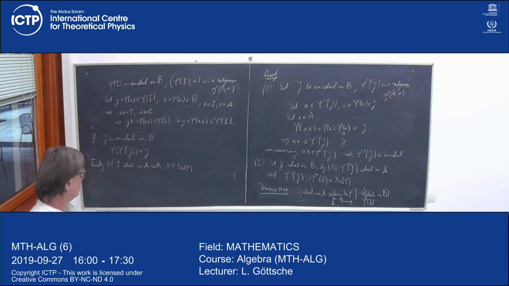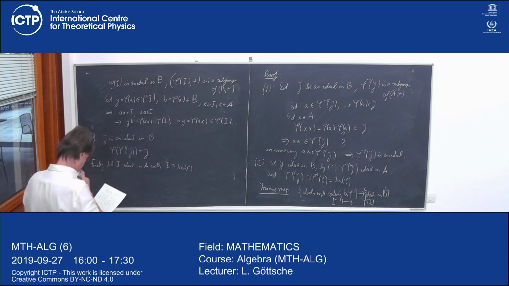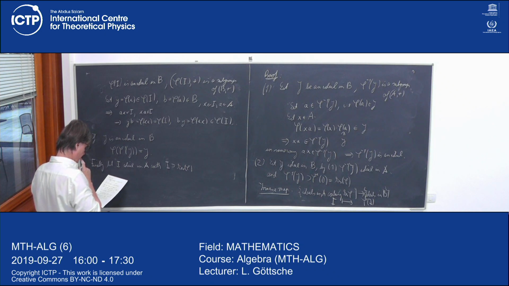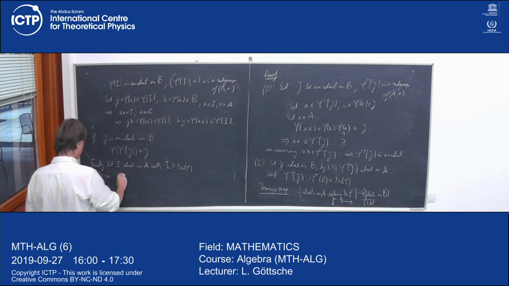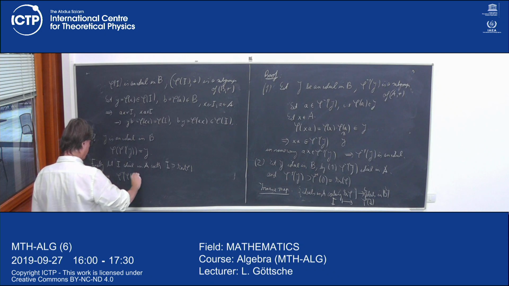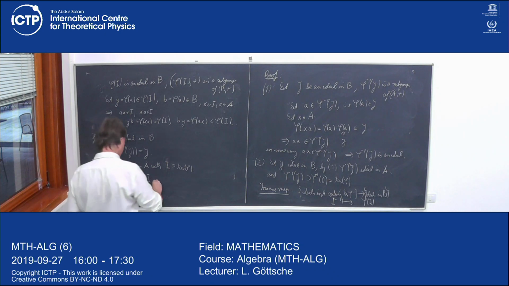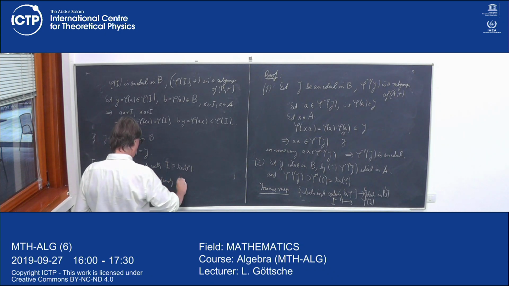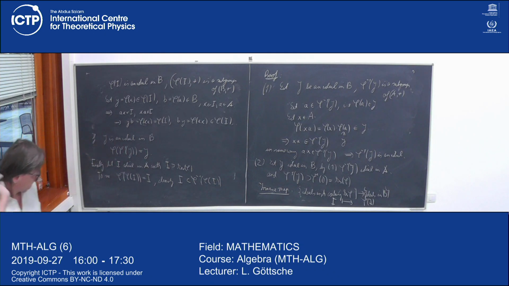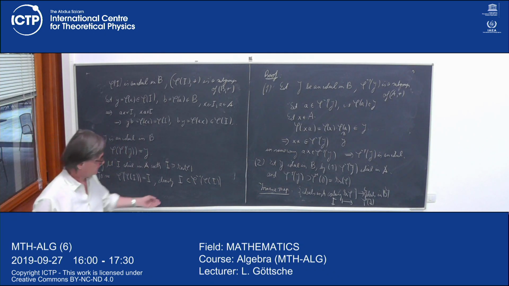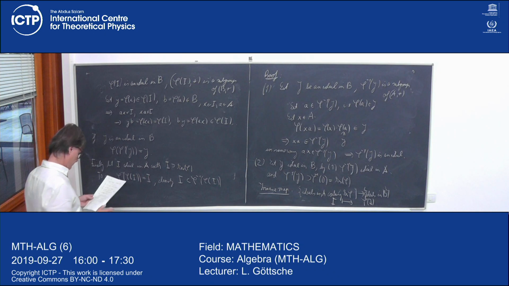Then we have to show that if you take phi to the minus 1 of phi of I, this is equal to I. Obviously we have the inclusion, and clearly I is contained in phi to the minus 1 of phi of I. The things which map to the same thing as I, this contains among those everything in I. So we have to show the other inclusion.